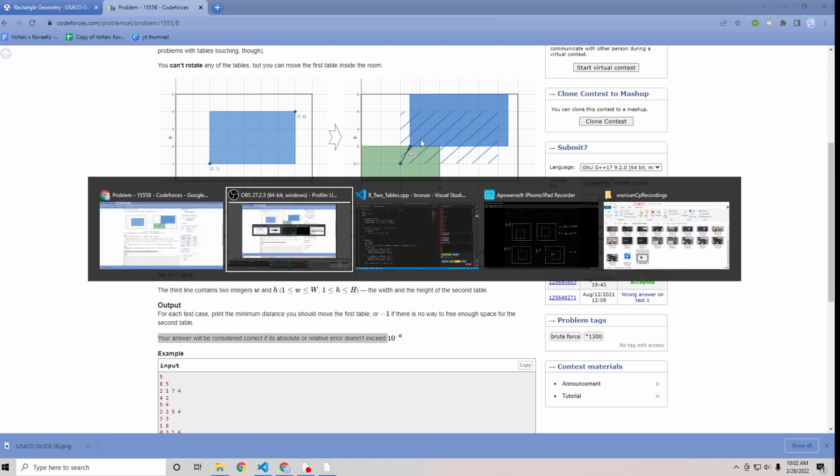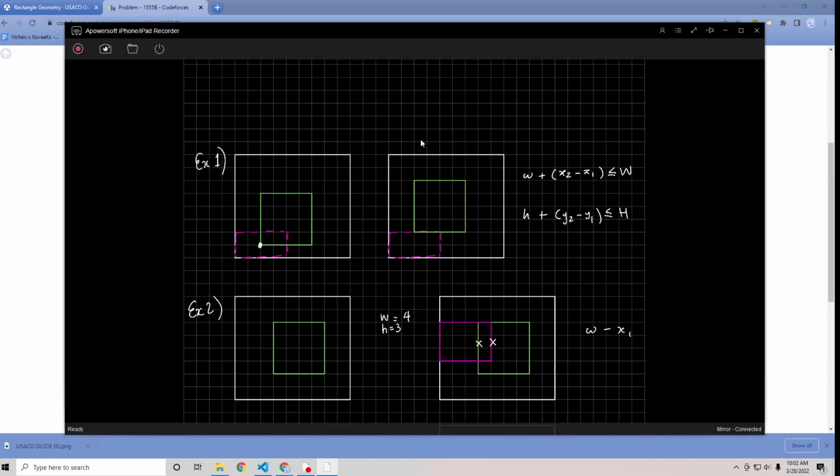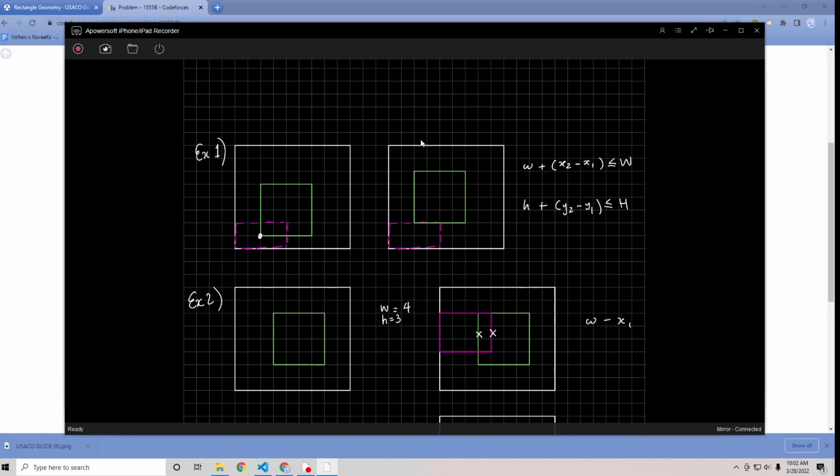Actually, let's just go over the examples that I drew before. So here, in example 1, the optimal way to move the green rectangle, which in all the examples is going to be the rectangle that is in the room at the start, and the pink one is the rectangle that we're trying to put in the room.